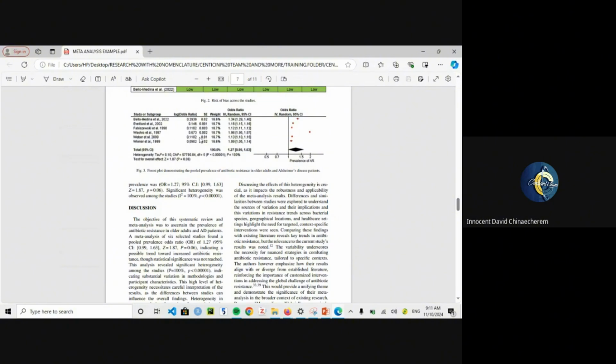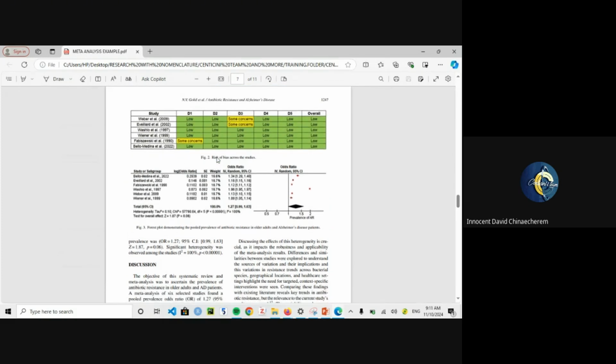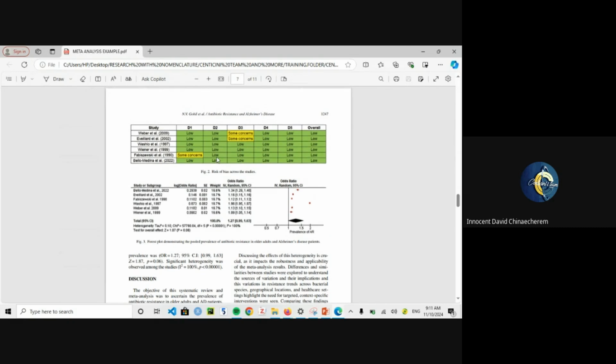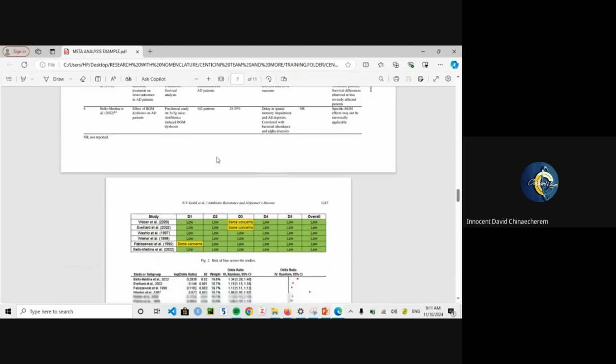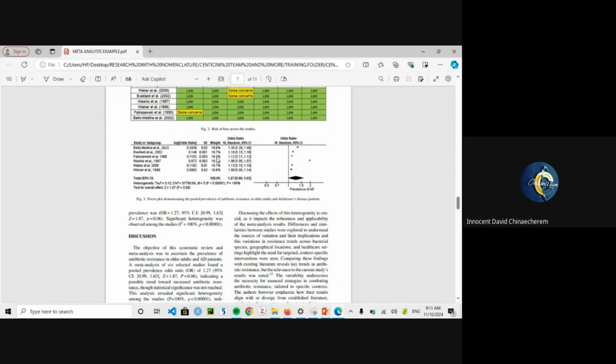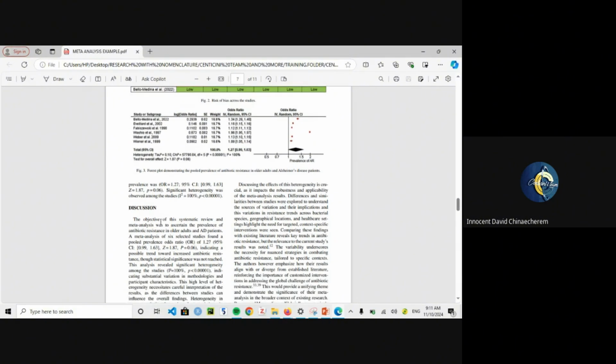And these are some of the effect measures, and this is the overall effect, where we are trying to demonstrate the overall effect of antibiotic resistance among older adults and adults with Alzheimer's disease. So this is what a meta-analysis looks like in the results.